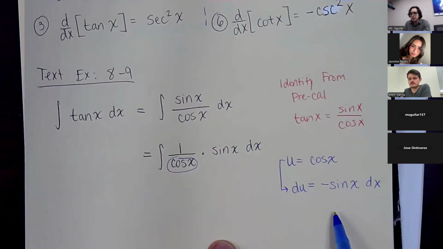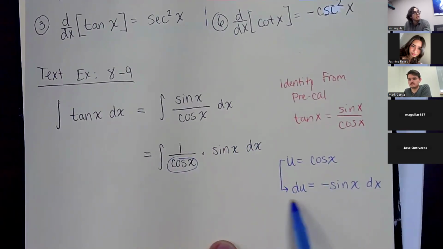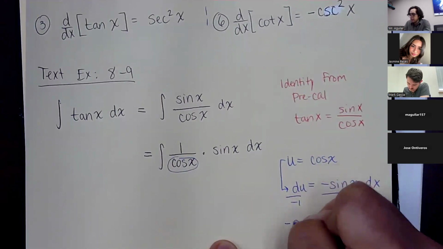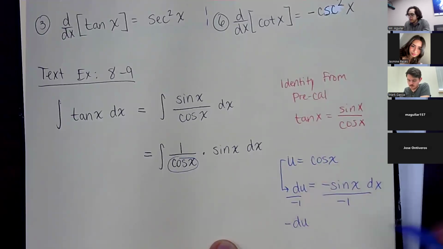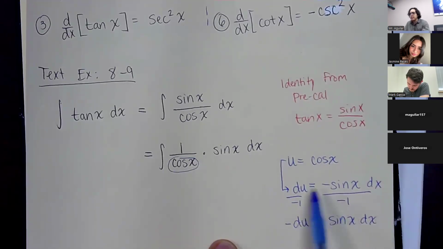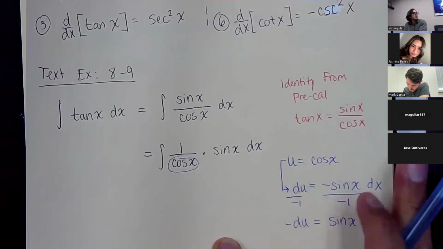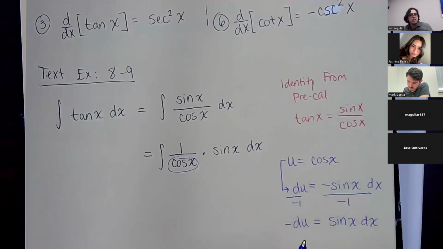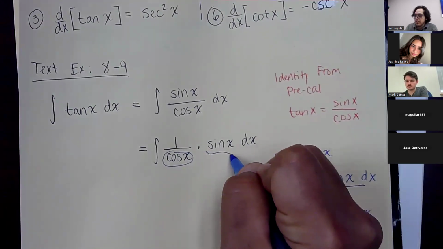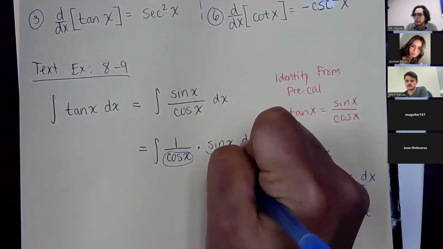So you could do the same trick that we've been doing. If we had a constant here, we would divide that over. You could just divide both sides by -1 and say that negative du is equal to sine x dx. So again, treat these u substitution little statements over here as little equations that you can manipulate as you see fit. But we're just trying to fit a peg into a circular hole, right? So we're just manipulating that until it fits this guy over here, because that's going to be negative du, right?